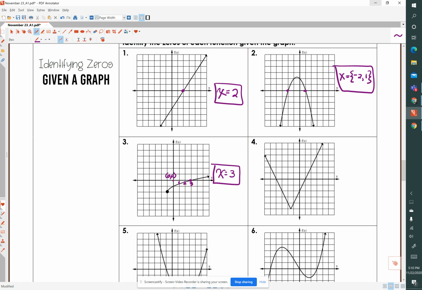So x equals 3. Number 4, we have 2 points where we intersect the graph. And those are x equals -1, -2, -3, -4. So x equals, using set notation, -4 and +1.